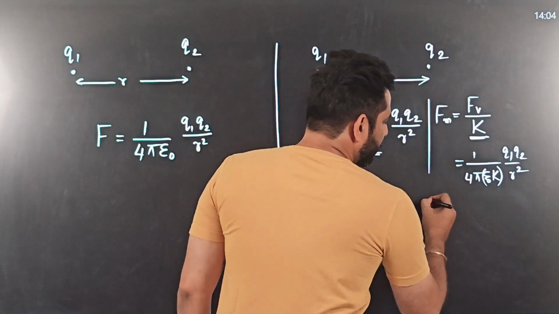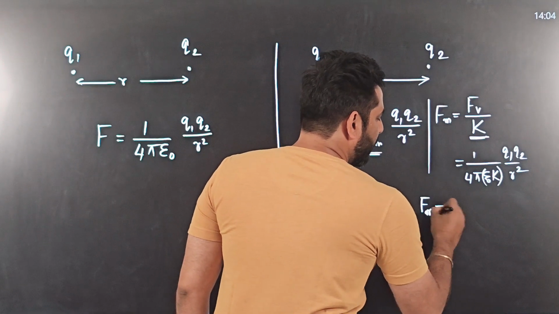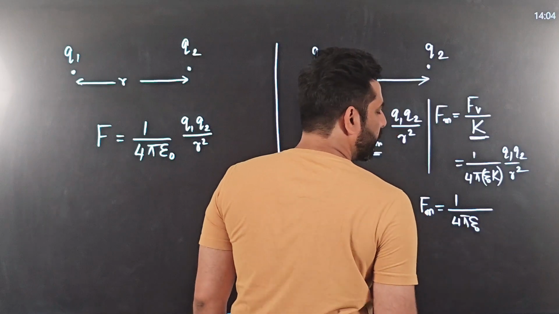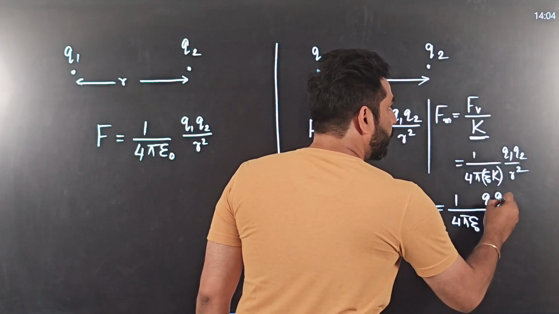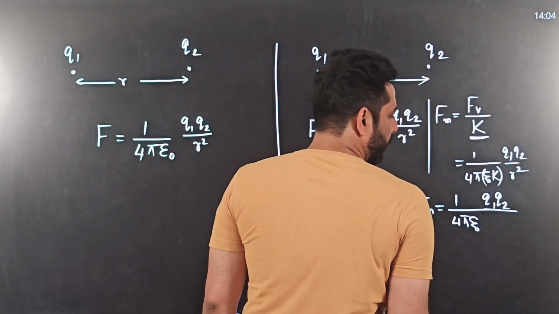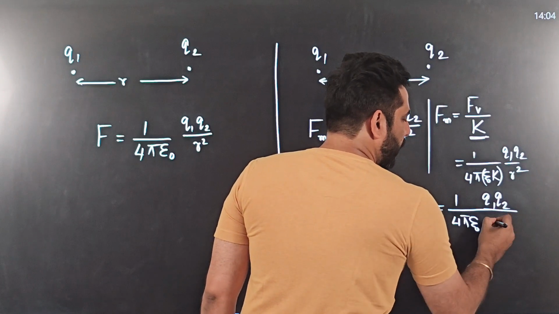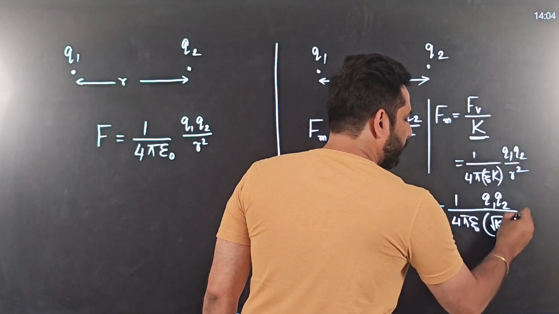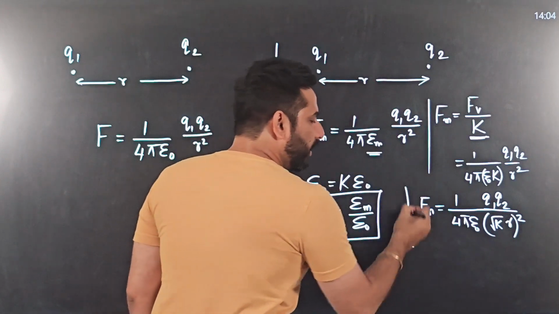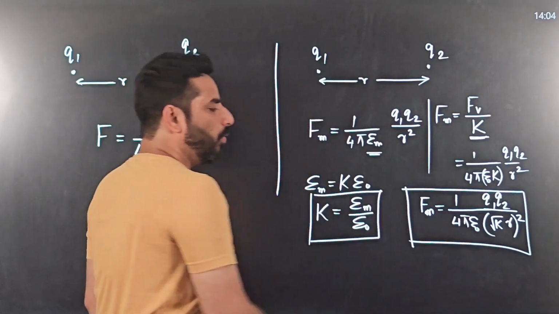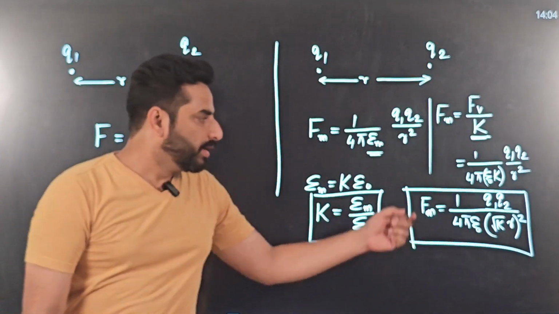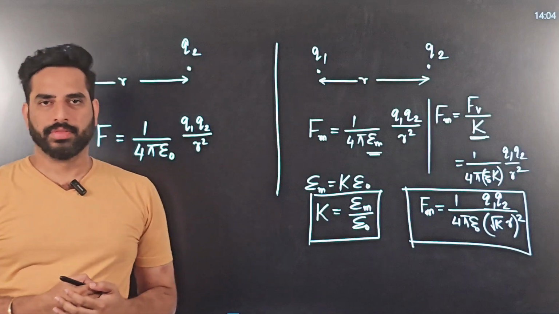Force in the medium Fm can be rewritten as 1 by 4 pi epsilon naught Q1 Q2 divided by k r square. I'll express this as under root k r whole square. Carefully observe this equation. 1 by 4 pi epsilon naught Q1 Q2 by root k r whole square.